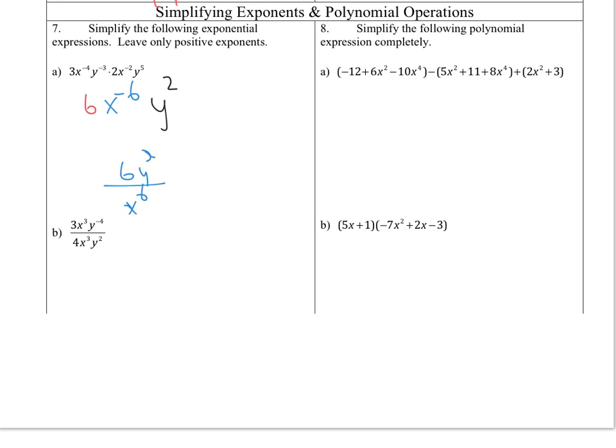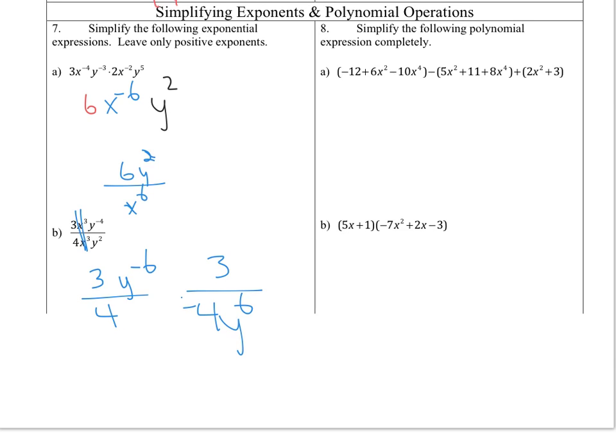This one, 3/4 I can do nothing with. Those x cubes will go away. Y to the negative 4, so negative 4 minus 2 is negative 6. So you can write y to the negative 6 here if you want. And then that's just going to be equal to 3 over 4y to the 6th.